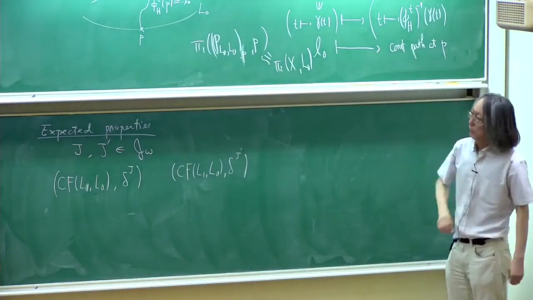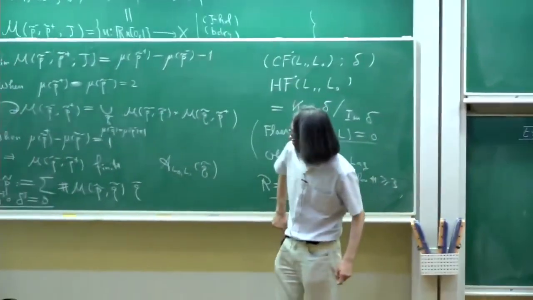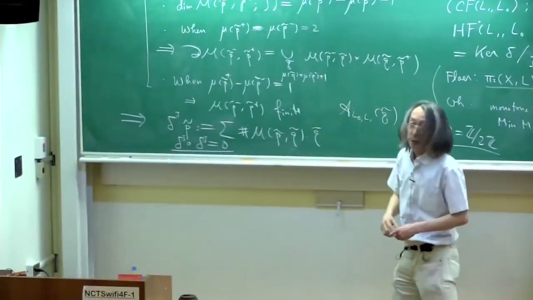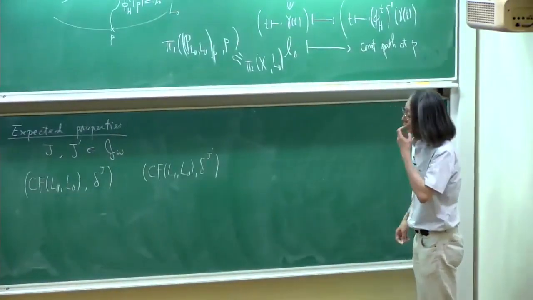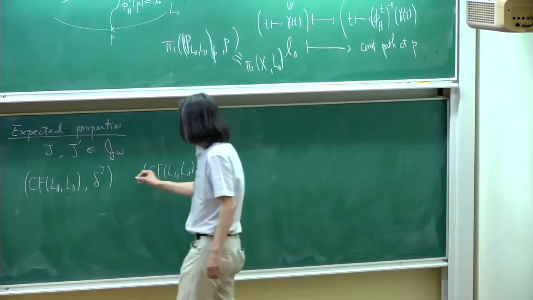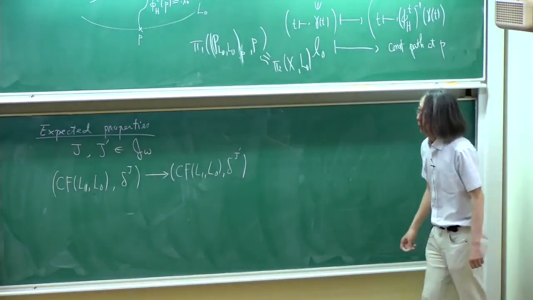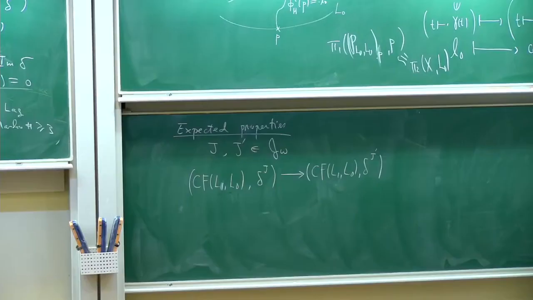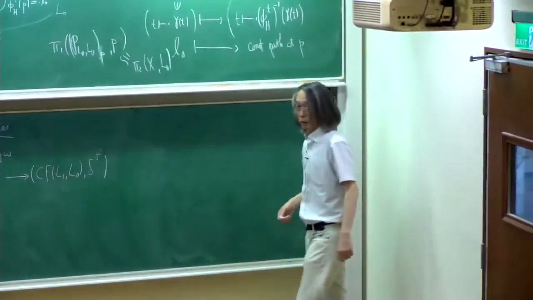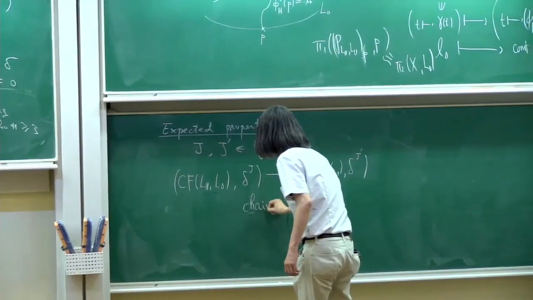But the boundary operator is defined by using this, because this gradient trajectory depends on the choice of J. But nevertheless, we have a certain chain map between them, and they actually give you an isomorphism on cohomology. So actually they are chain homotopy equivalent.